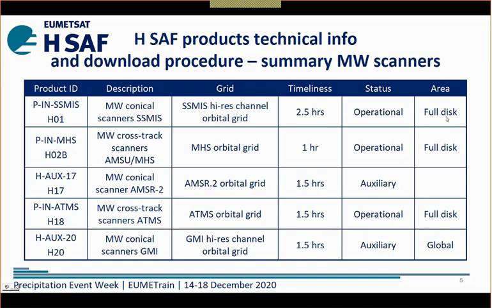Usually they are available at the full disk resolution, meaning that full disk is the view of the Meteosat second generation, while the H20, the last, has a global display, which refers to the full 360 degrees of the Earth.